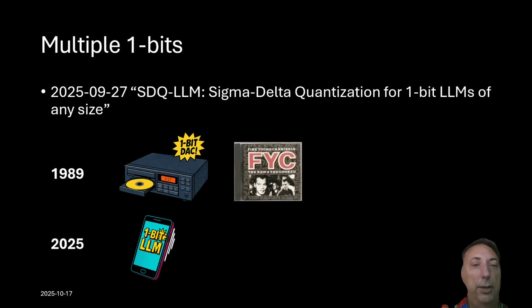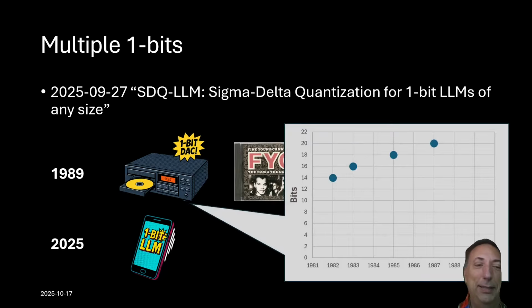This is another interesting paper that came out less than a month ago. So if you happened to be around in the 1980s, then you saw the bit wars on CD players. When CD players were first introduced, they were only 14 bits, even though the CDs themselves were 16 bits. The following year, 16 bits was the standard. Then we got into these wars where manufacturers started interpolating to recover the analog waveform more accurately, make it less stair-step. So then they had 18 bits and 20 bits, but if you think about linearity, right?